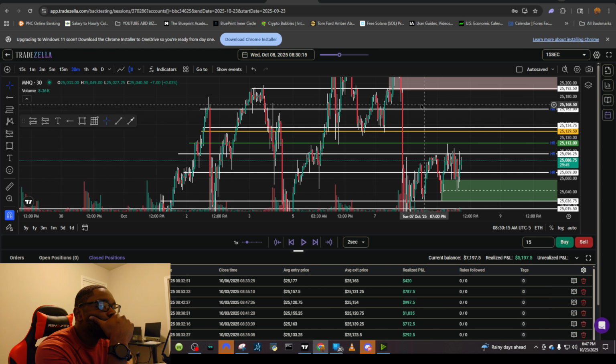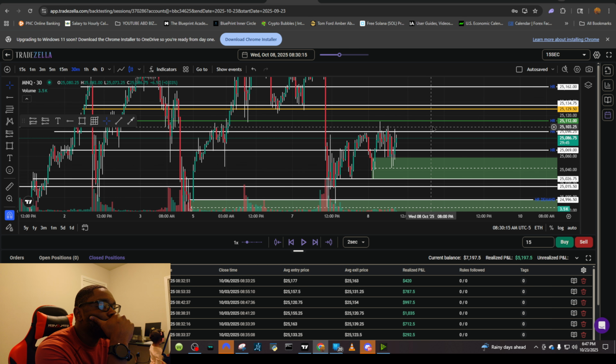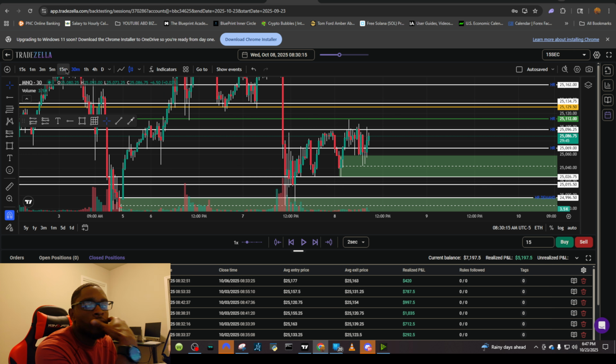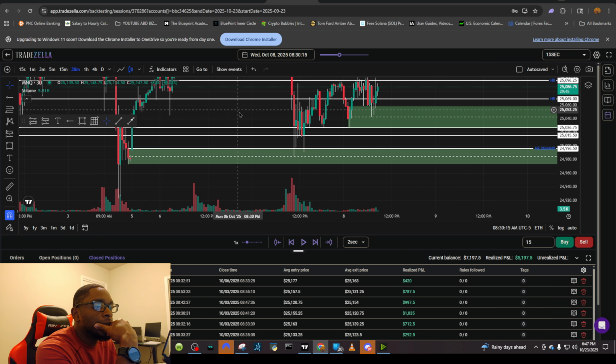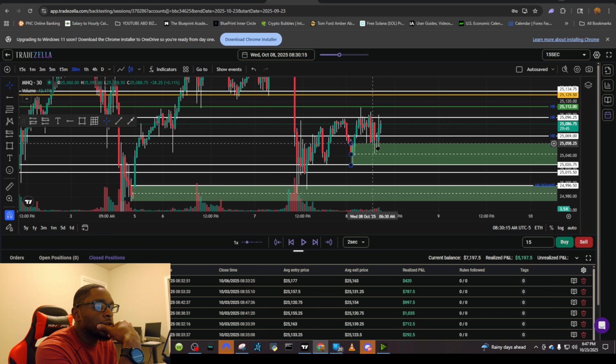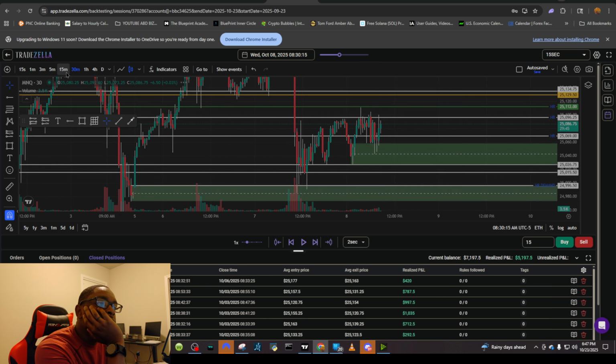Huge imbalance on the 30 also. Demand zone on 30. We got this right here, but I don't like that push down on that engulfing candle.